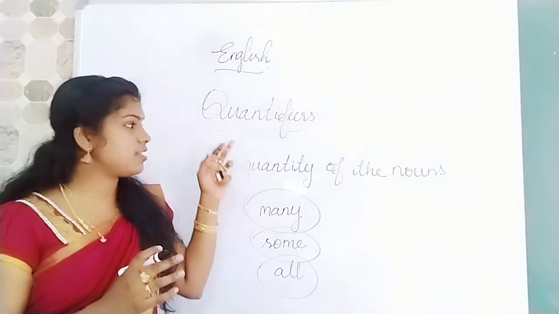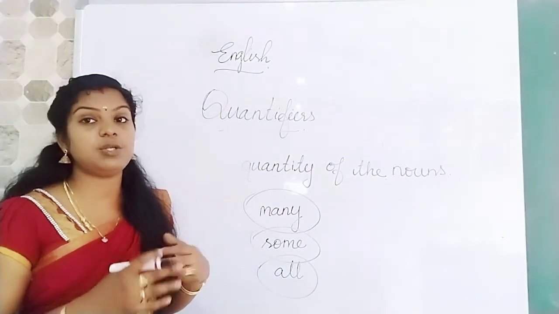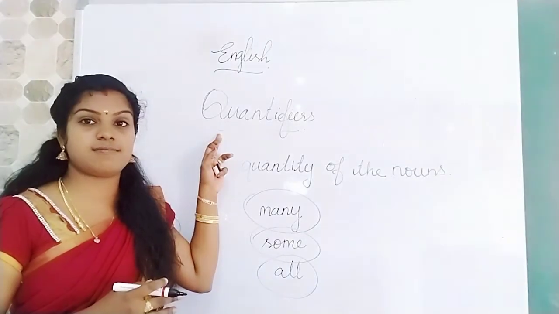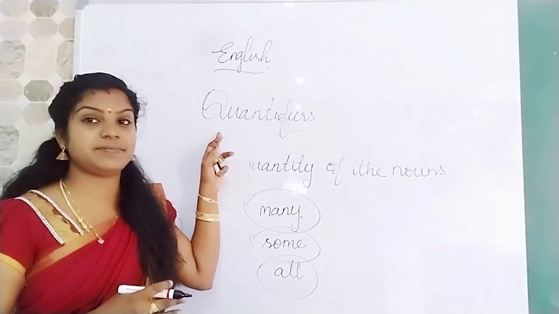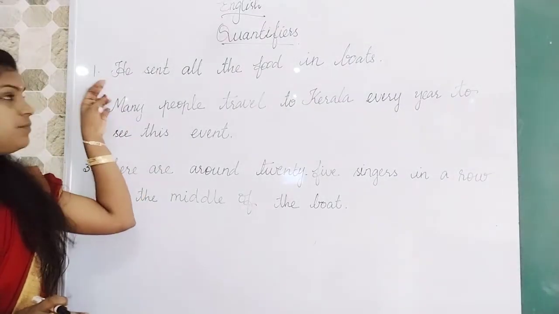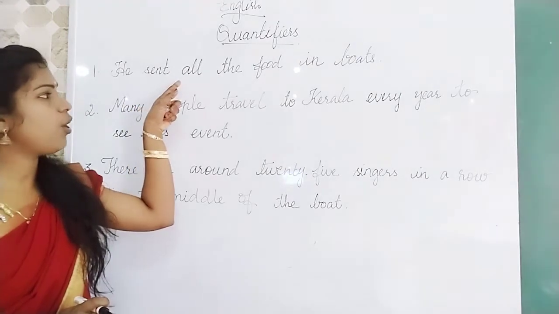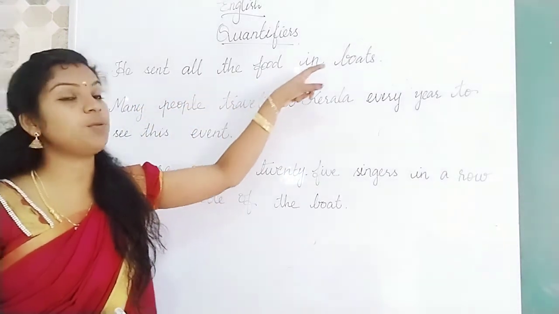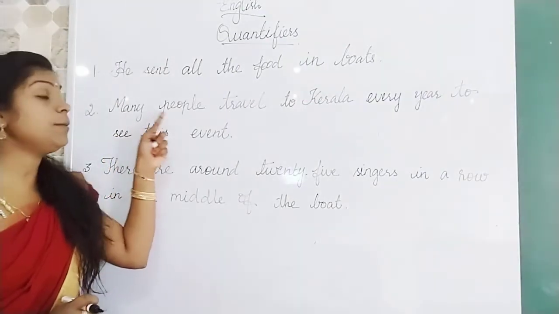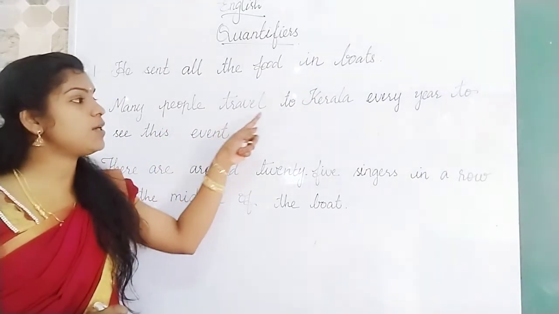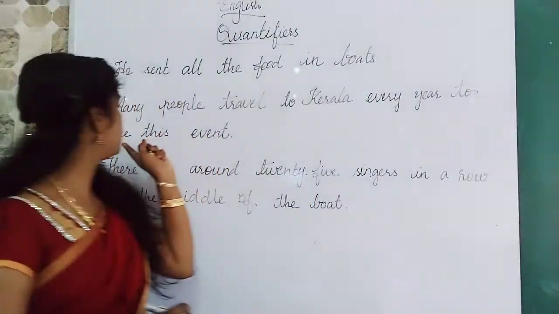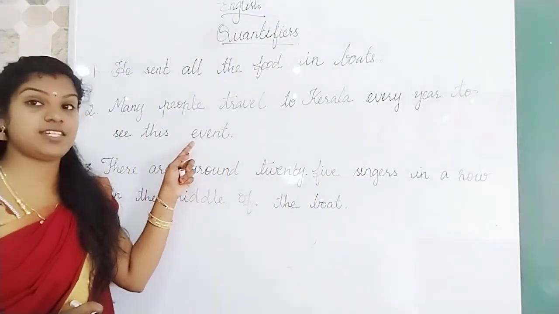Let's learn some examples. Then you will get some more idea about quantifiers. Look at these sentences. First one: He sent all the food in the boats. Then: Many people travel to Kerala every year to see this event.